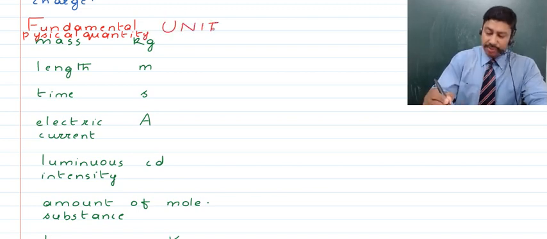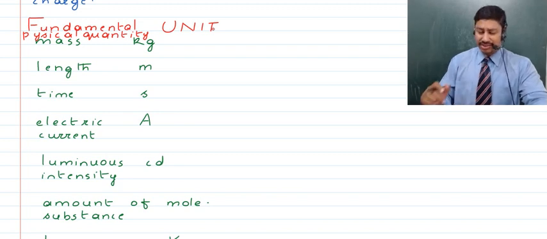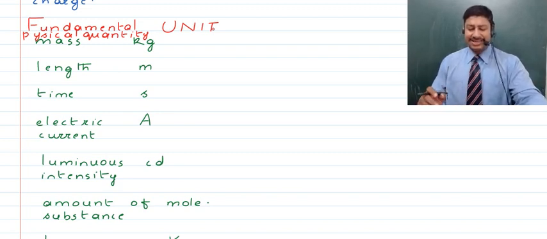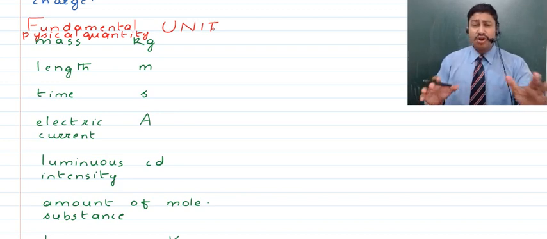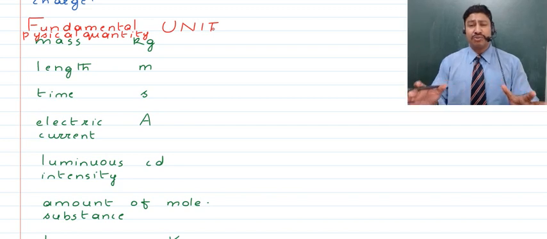Their units will become the fundamental units. Now, why is it that we talk about the units of these physical quantities as the fundamental units? That means these units actually cannot be broken up into further smaller units.